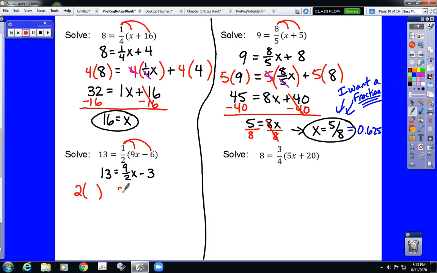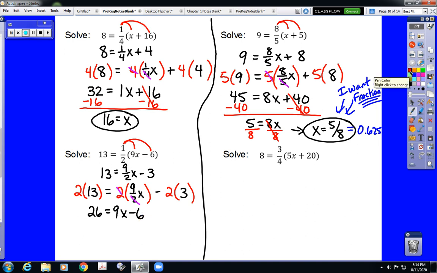So 2 times 13, 2 times 9/2 x, and 2 times 3. Again, the fractional part, the 2 will cancel with the denominator. And then we multiply what's left, leaving us with 26 equals 9x minus 6.